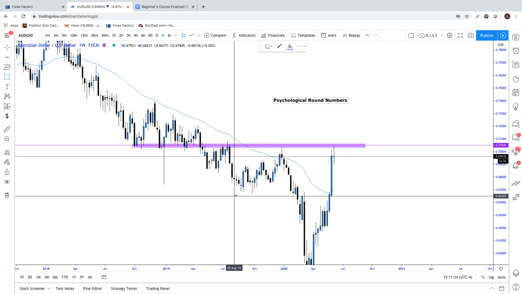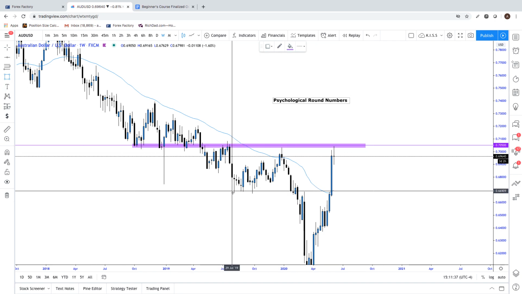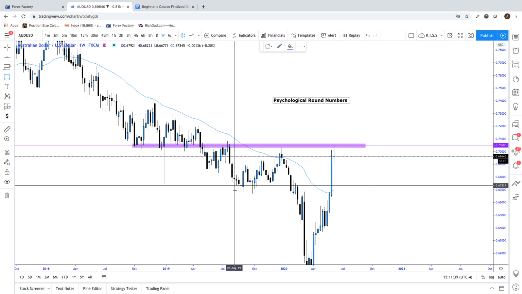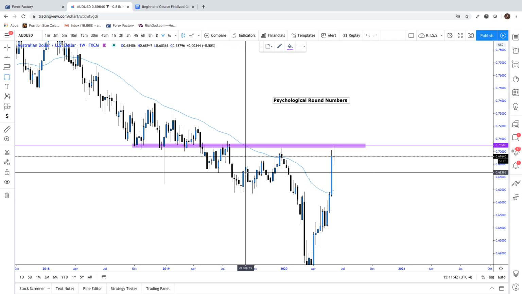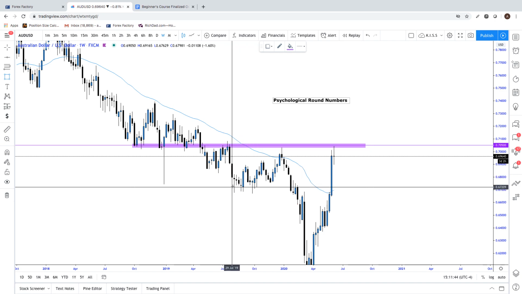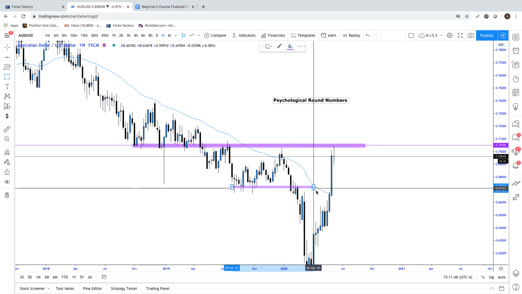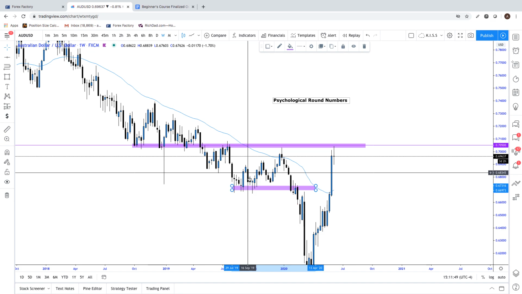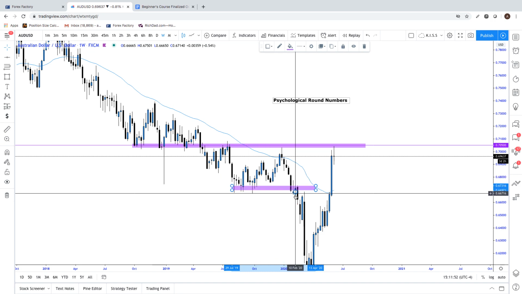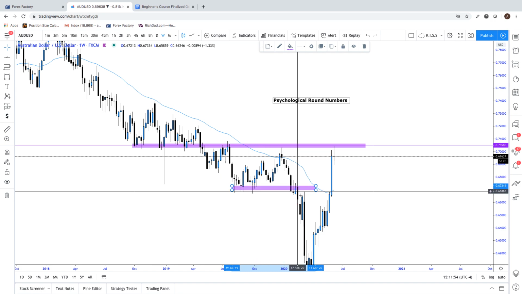Okay? And so we can go even further. Down here, we can see multiple rejections where we have multiple wicks where price comes into it, retreats, into it, retreats, into it, retreats. So we can classify this as a level of support. All right, support, support, support. Price broke through it. We retested it as a ceiling, and we continued down.